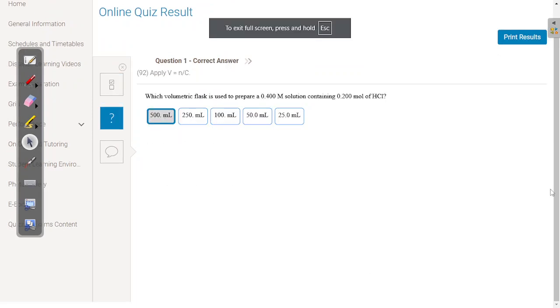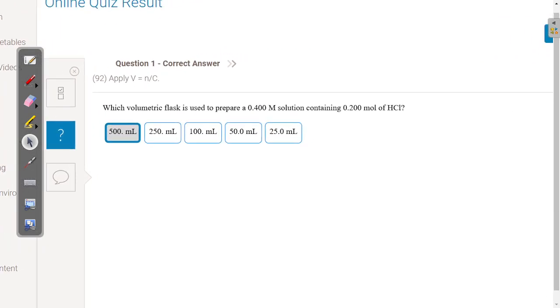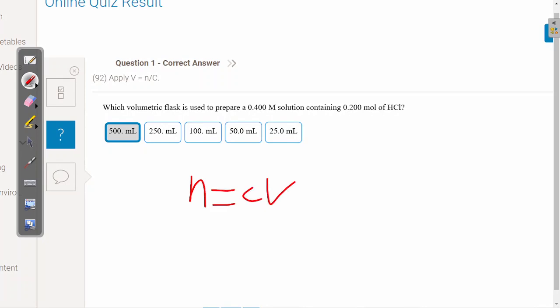Which volumetric flask is used to prepare a 0.4 molar solution containing 0.2 moles of HCl? Here you use n equals CV, or C equals n over V. Either one works.